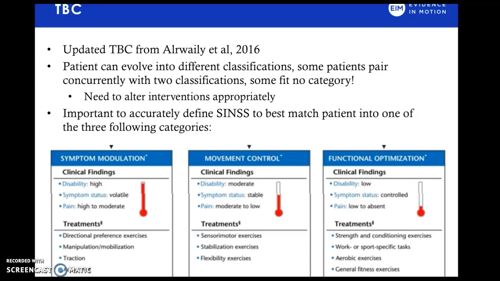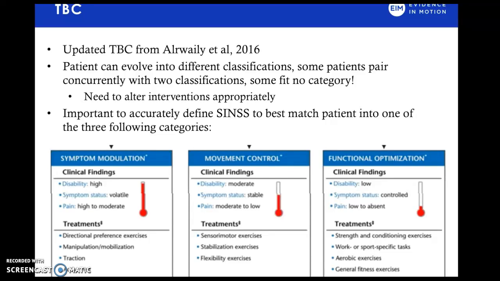We had some very good discussion around treatment-based classification, as well as some of the pros and the cons. And what I want to highlight here is that the treatment-based classification is often thought of as this algorithm, these defined steps to follow. And while it does serve as our guide, it really does not replace our clinical decision making.